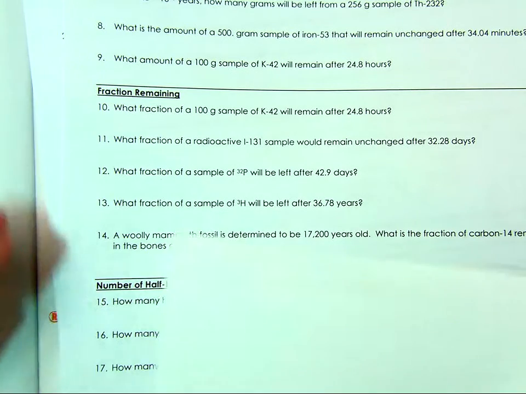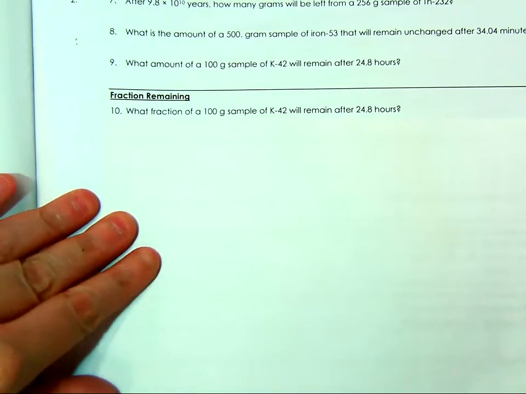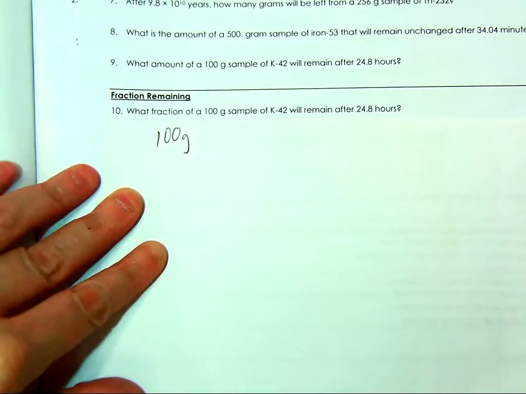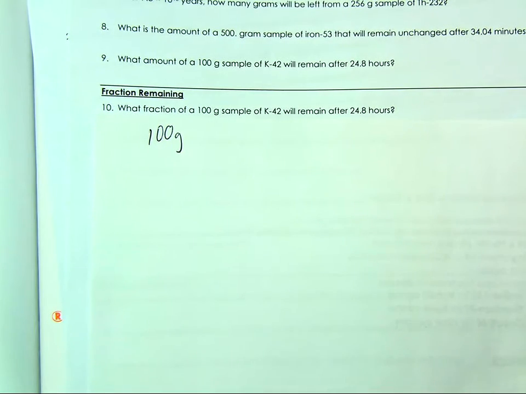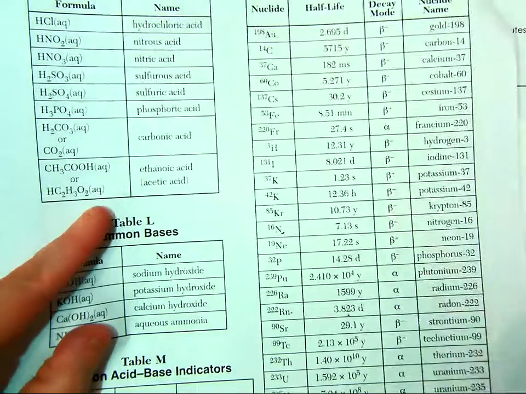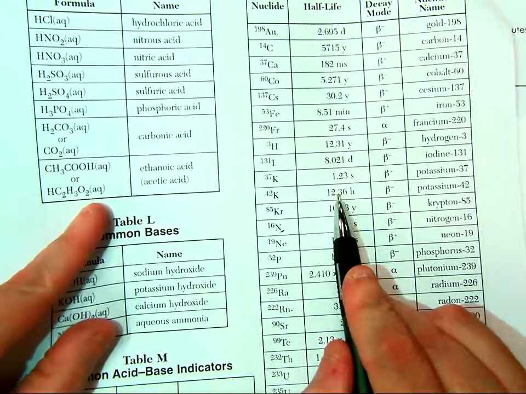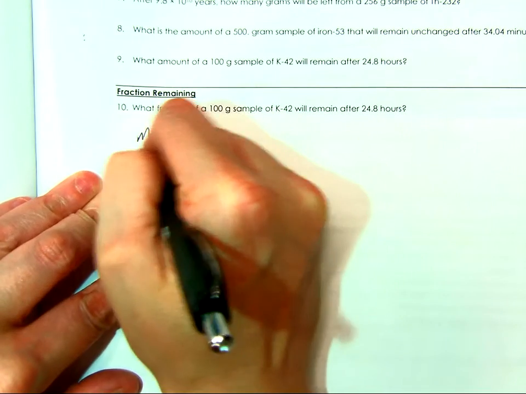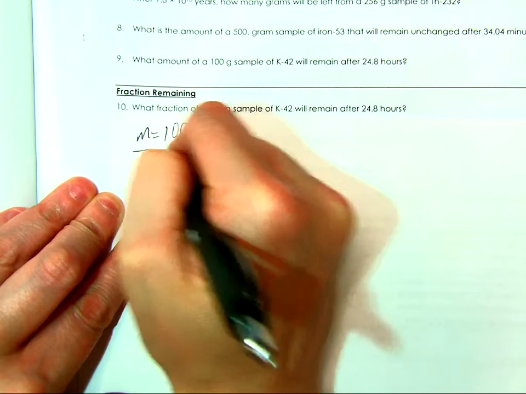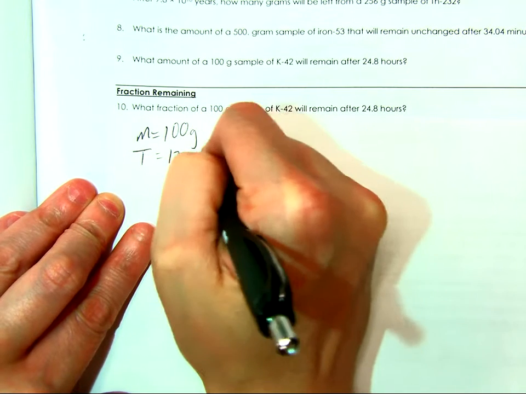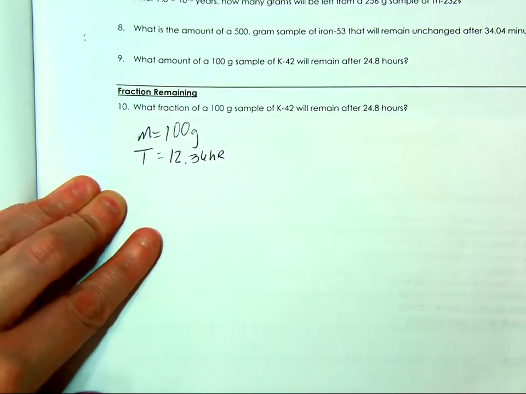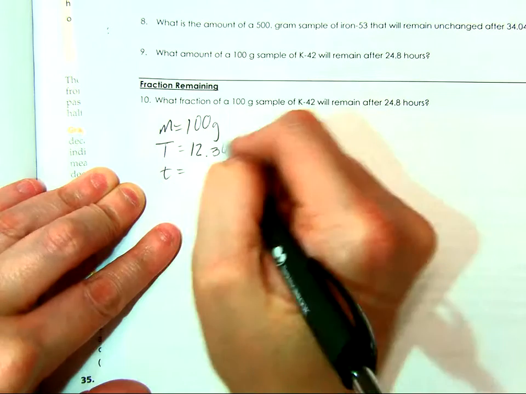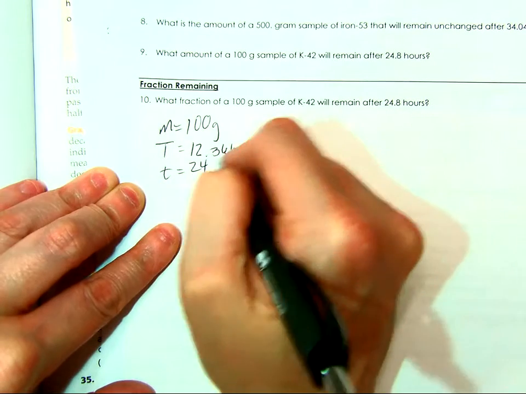So what fraction is going to be remaining of a 100-gram sample of potassium-42, where the half-life is 12.36 hours. Okay. And total amount of time, which is little t, is going to be 24.8 hours.